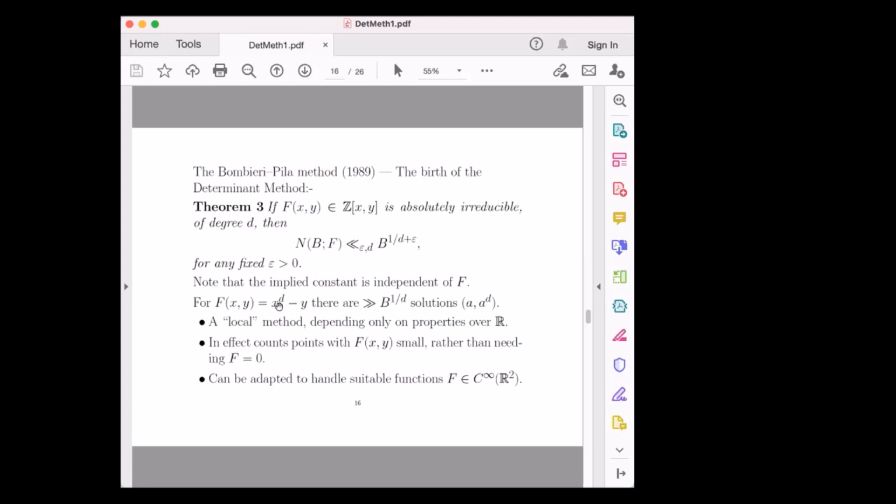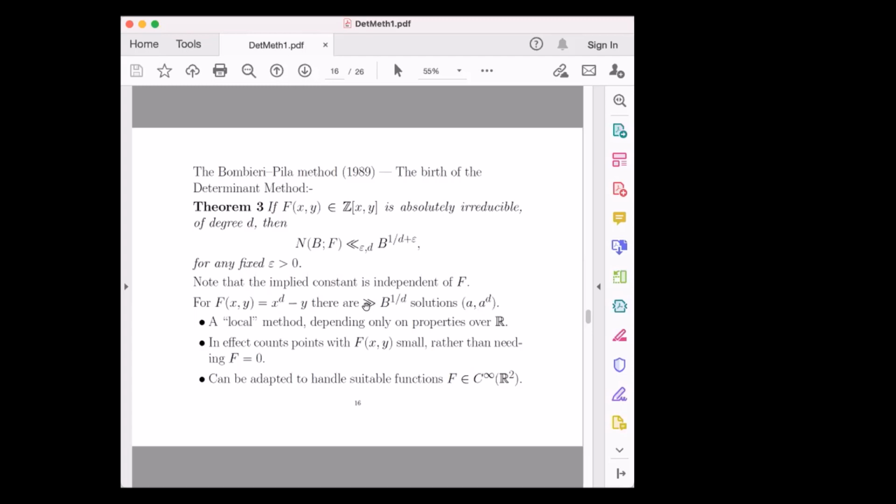So let's look at the example x to the d minus y. This is an absolutely irreducible polynomial of degree d. And we can see solutions of f equals 0 of the type x equals a, y equals a to the d. And we want to count solutions of size at most B. So in particular, a to the d has to be at most B. So a can run up from 1 up to B to the 1 over d.